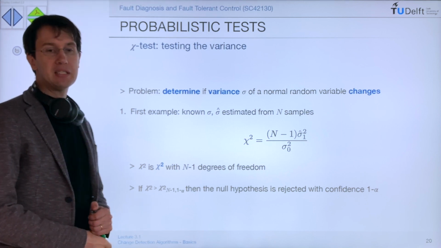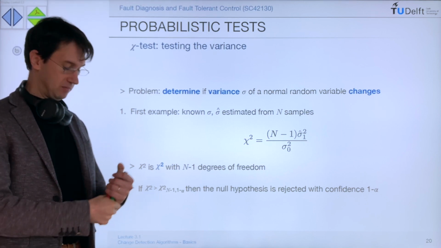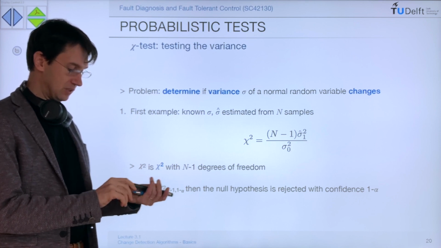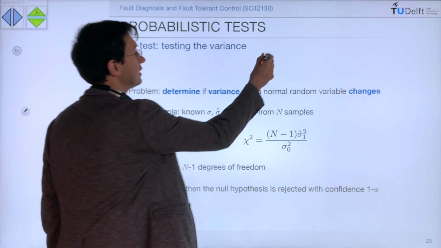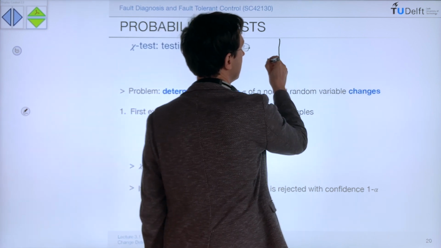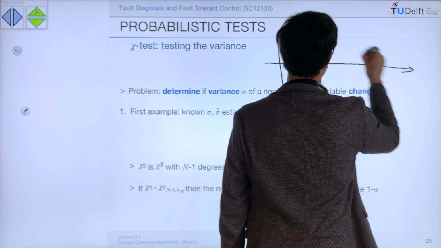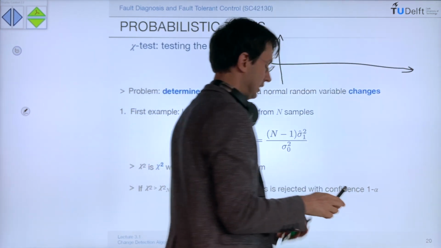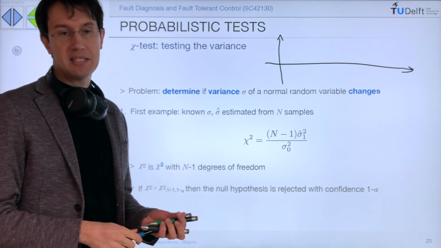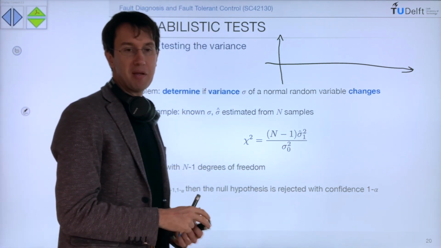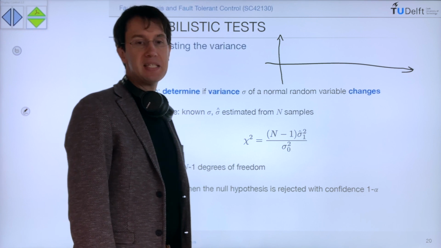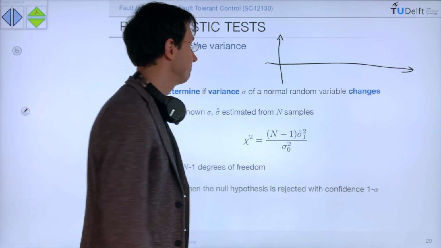Now, we have seen some tests to check whether the mean of a signal changed. But sometimes we are interested in changes in variance. For instance, you can have a signal that always has a zero mean. So maybe this is an AC signal in some circuit.